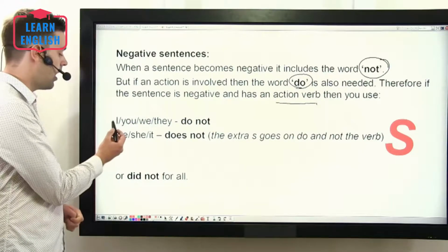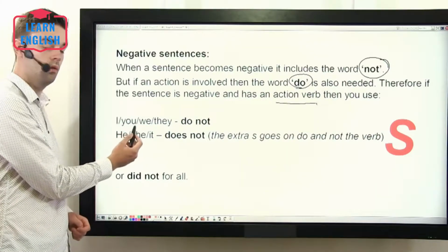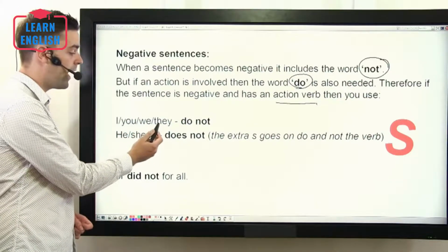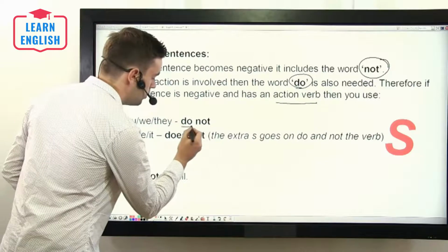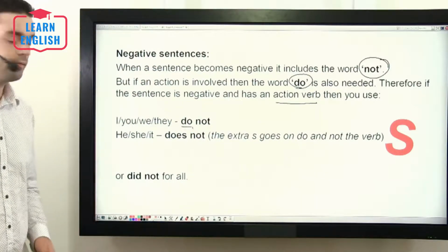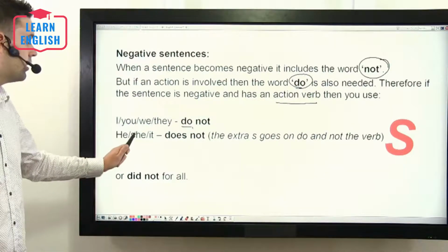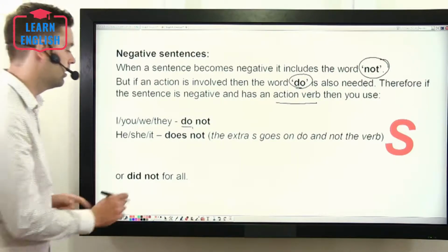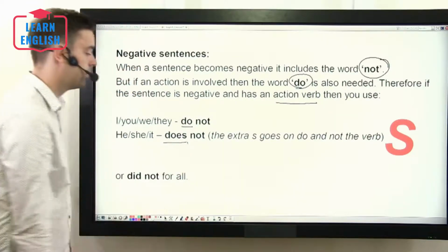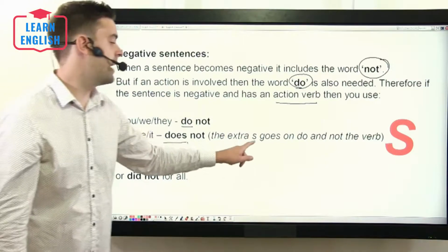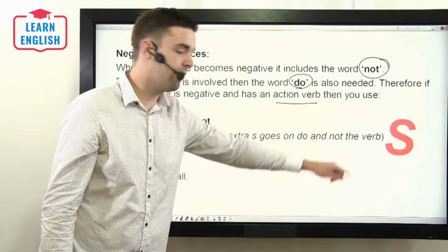If it's I, you, we, or they, it's do not. If it's he, she, it, it's does not. The extra S goes on the do and not the verb.